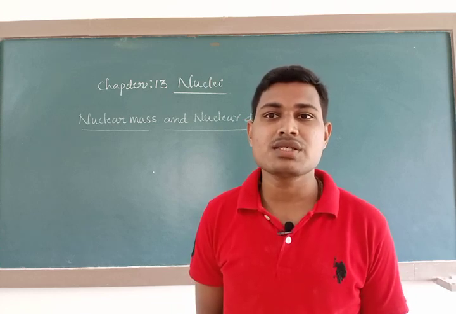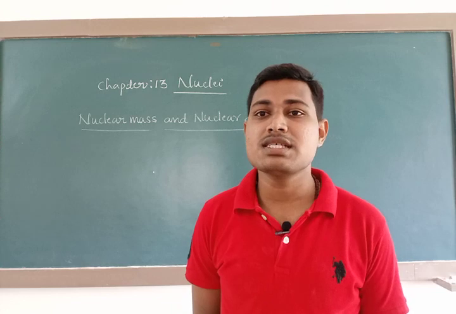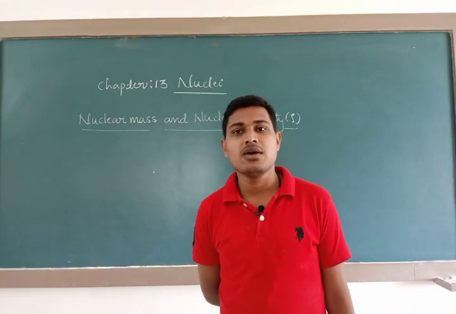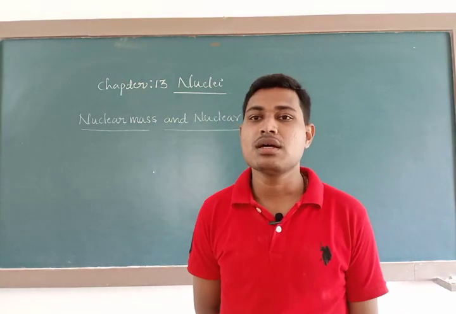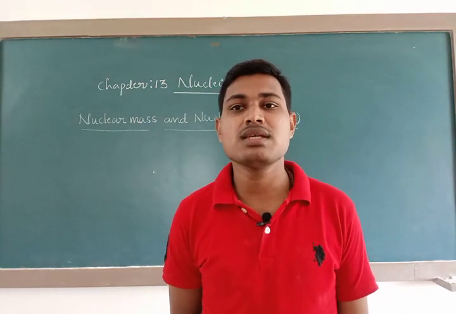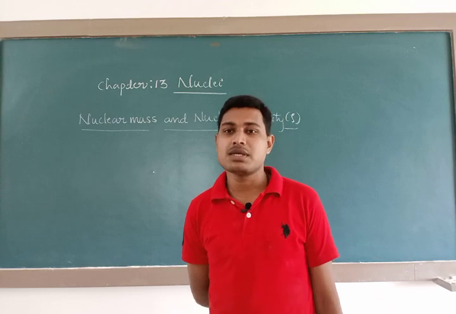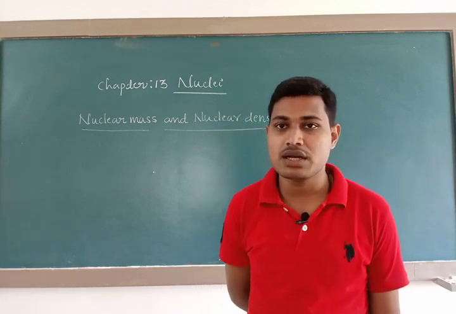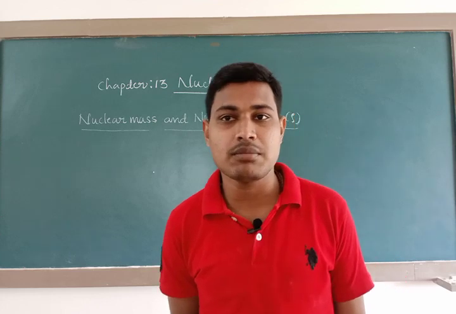Next I discussed the size of the nucleus. I told you that the size of the nucleus mainly depends on the number of protons and neutrons in the nucleus; in general, it depends upon the atomic mass number.